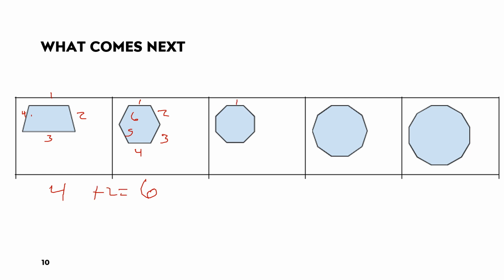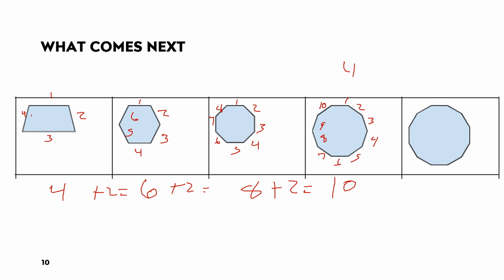And then here we had 1, 2, 3, 4, 5, 6, 7, 8. Well, 6 plus 2 is 8. So on my box 4, I came up with a 1, 2, 3, 4, 5, 6, 7, 8, 9, 10-sided figure because 8 plus 2 is 10.